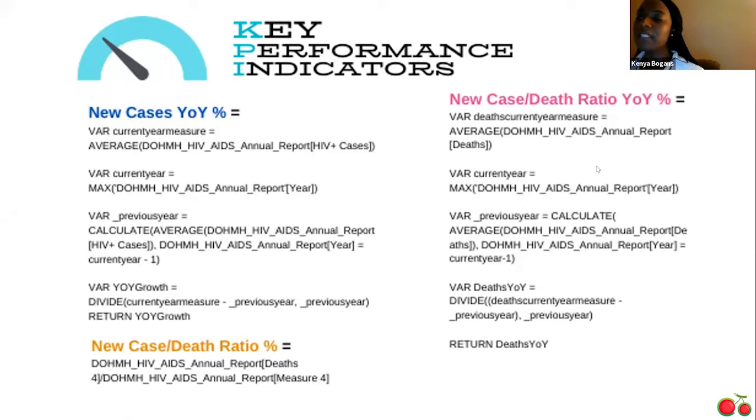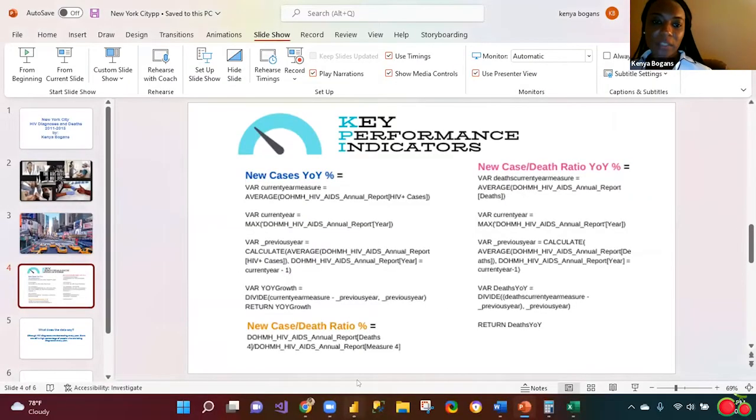My new case death ratio year-over-year percentage gives us the same number divided by the previous year. And my new cases per year are the estimated number of people 13 years of age or older living with diagnosed HIV infection. So what I'm going to do now is go to my dashboard.